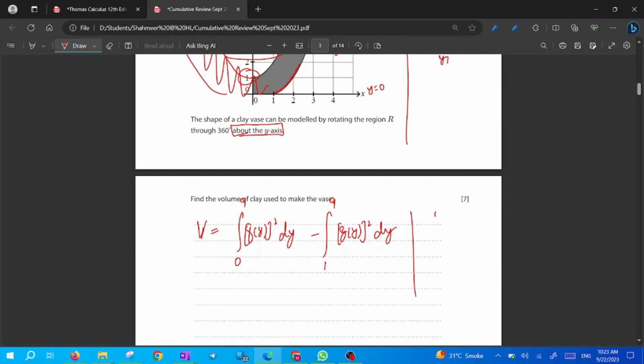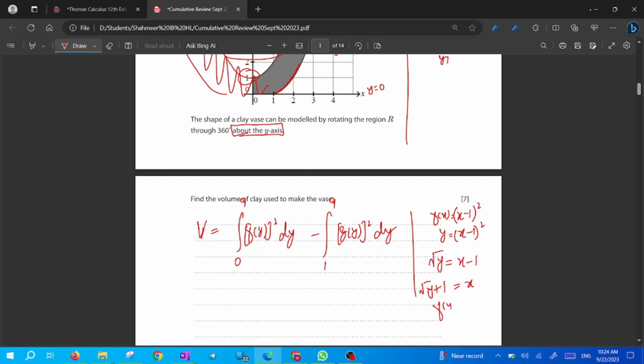You know that f(x) is (x - 1)², meaning y = (x - 1)². So we have to make x the subject. The square root of y equals x - 1, so x = √y + 1.